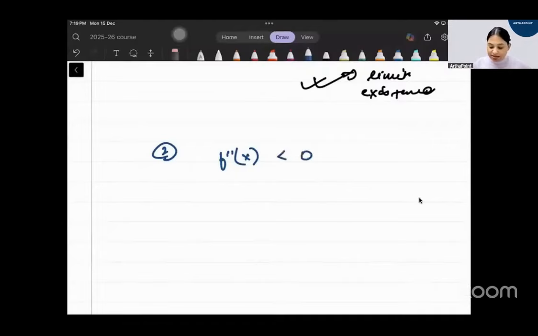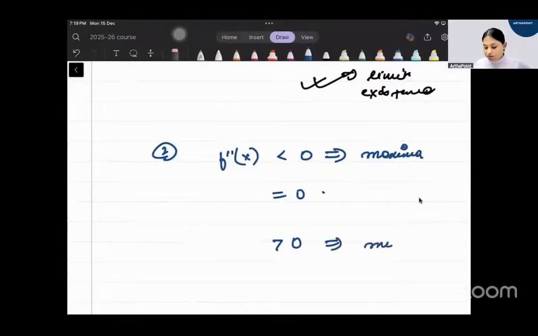It can be less than 0, equal to 0, or more than 0. Now, if it is less than 0, you achieve a maximum of the function. If it is more than 0, you achieve a minimum of the function. And if it is equal to 0, then it's inconclusive.